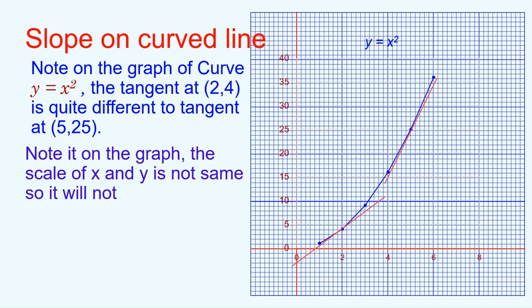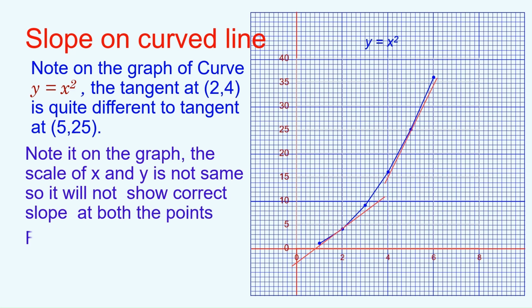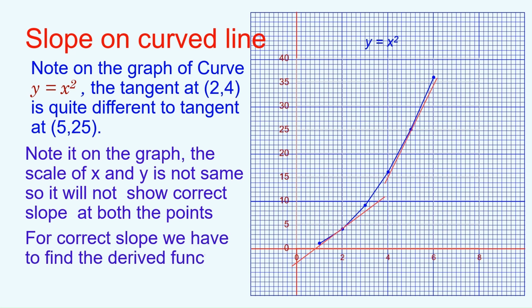Note it on the graph. The scale of x and that of y is not the same, so it will not show the correct slope at 2 points. For the correct slope, we have to calculate from the coordinates or find the derived function of the equation y equals x squared.